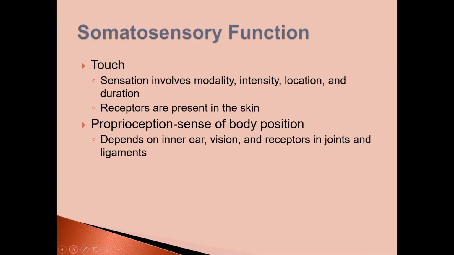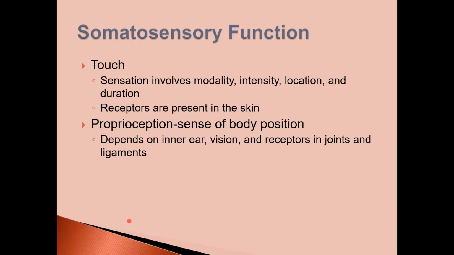Now let's move on a little bit to touch. Touch is the sensation that involves modality, intensity, location, and duration. There are receptors present in the skin. Again, we'll talk about proprioception. That's the sense of body position, and this really depends on the inner ear, vision, and receptors in the joints and ligaments.